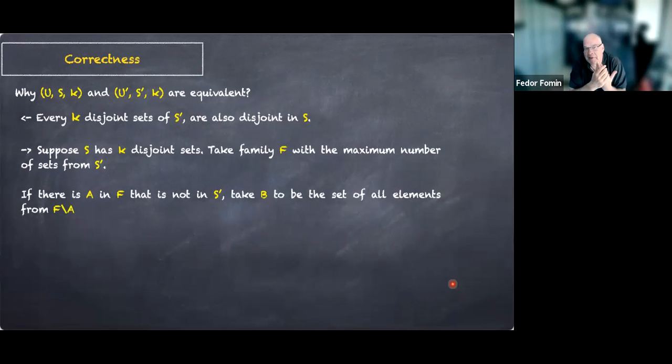So suppose not. Then there is a set, say A, in family F that doesn't belong to S prime. Then I define the set B to be the set of all elements obtained from F by deleting all elements of the set A.